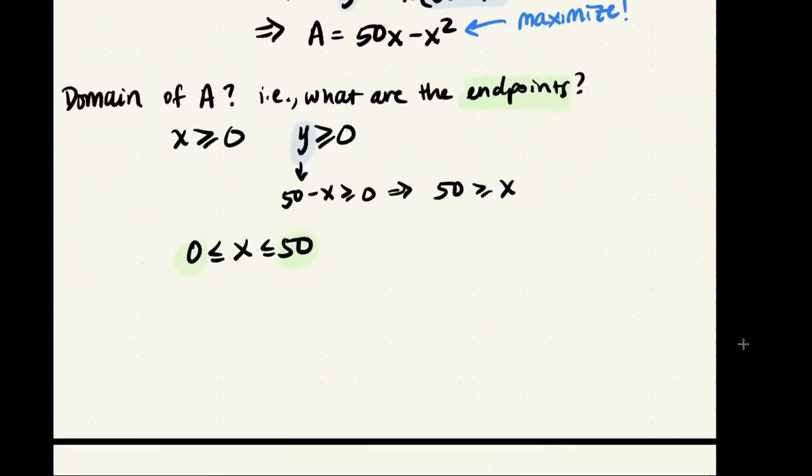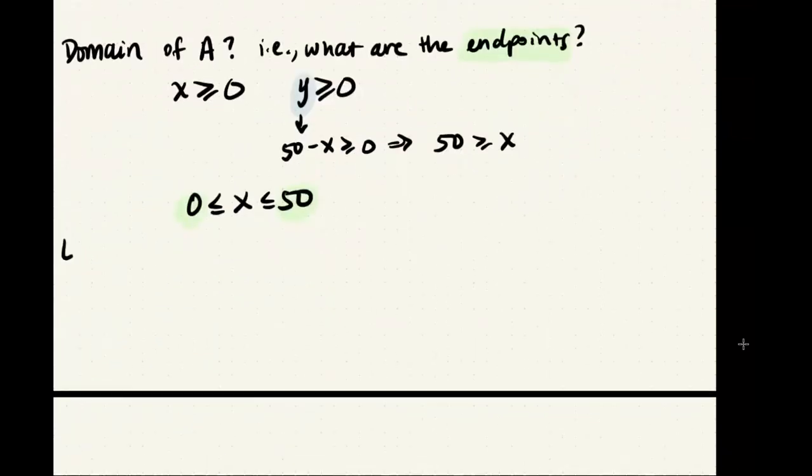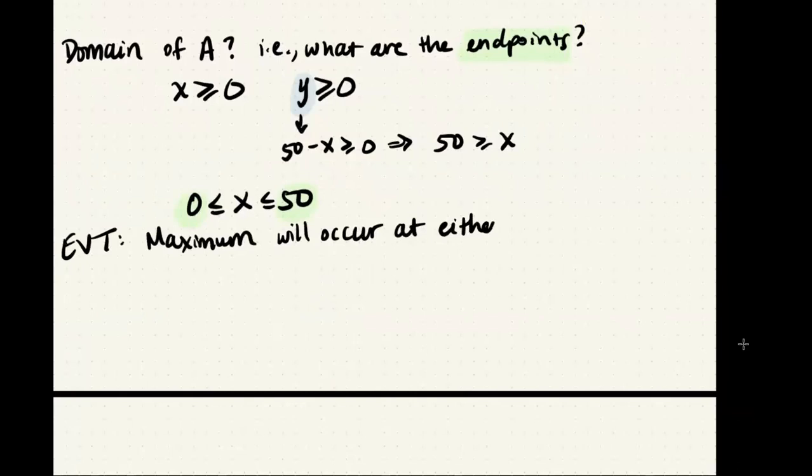Okay, so using the extreme value theorem, the maximum will occur at either an endpoint or a critical point.